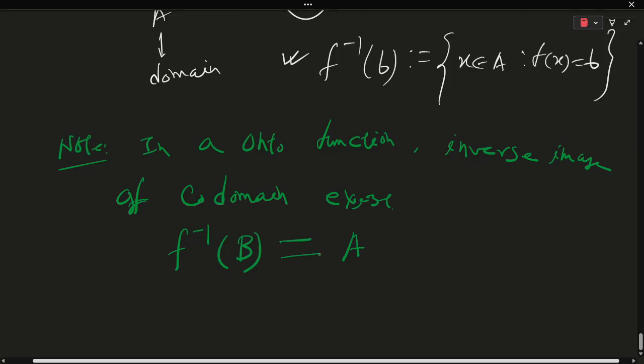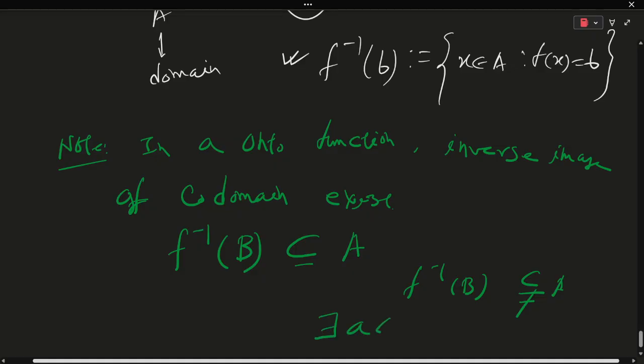Basically, this is equal to A, but no other elements. If you take a subset, that means if it's a proper case, this is not a proper case. In the proper case, F is not a function, right?